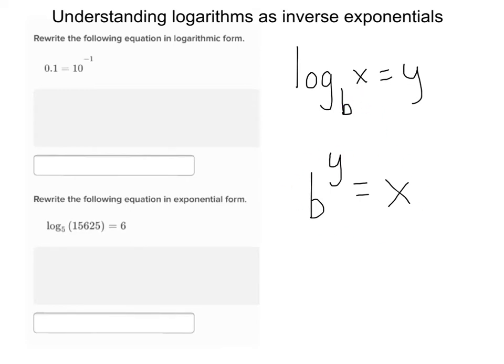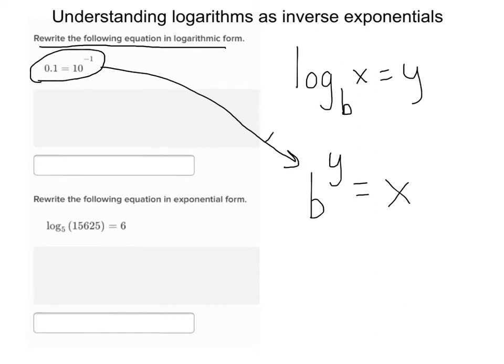Okay, so in this case, on this first one, it says rewrite the following equation in logarithmic form. So they give it to me in this form, and they want me to convert it to that form. Okay, so notice the b in this case is 10, and the y in this case is -1, and the x in this case is 0.1. So let's rewrite it.